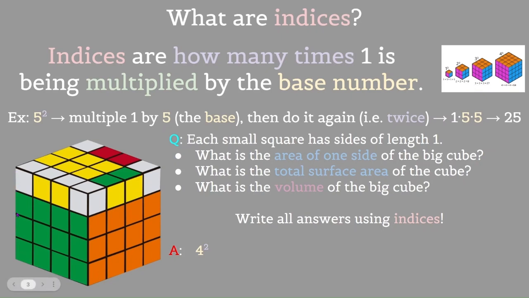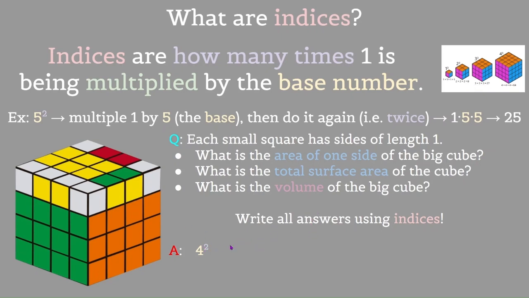The area of something would be its length times its width, so 4 times 4 is our area, which means we can write it with our index as 4 to the power of 2.